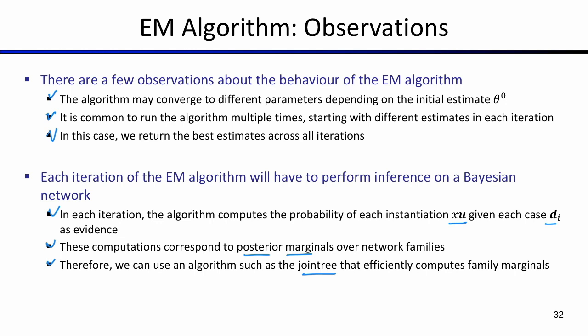With just one execution of the join tree algorithm, we get all the marginals that we need to make the inference over one single case. We can use the idea of resending messages to update for the different cases in the training set. So the join tree algorithm is very efficient for this case, and it is the standard implementation that we use when implementing the EM algorithm.